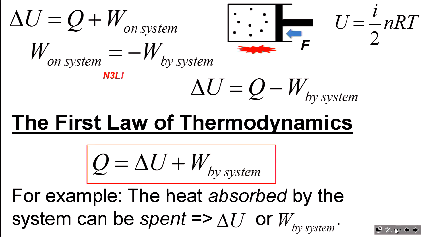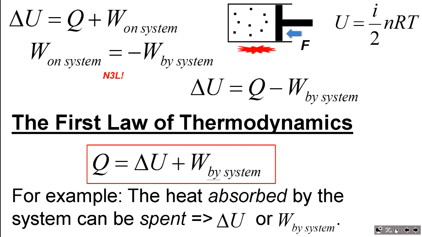This is the change in the internal energy of that system. And this is the work the system does on the objects outside of it. For example, if the piston in this picture moves away to the right, gas does positive work, expands and pushes. And this equation has a name, the first law of thermodynamics.